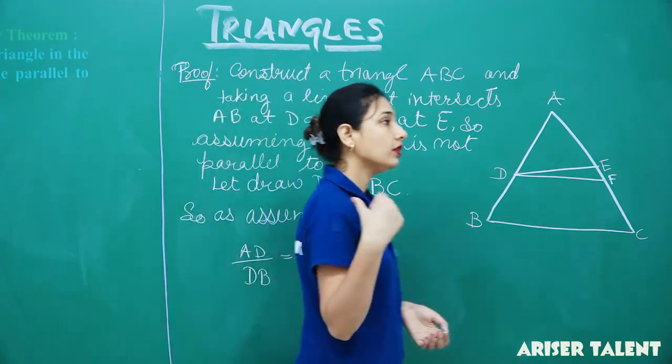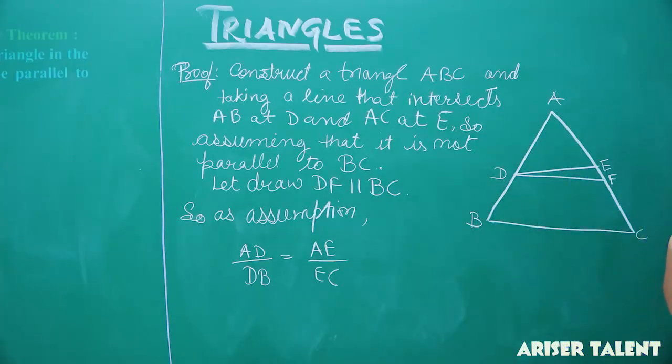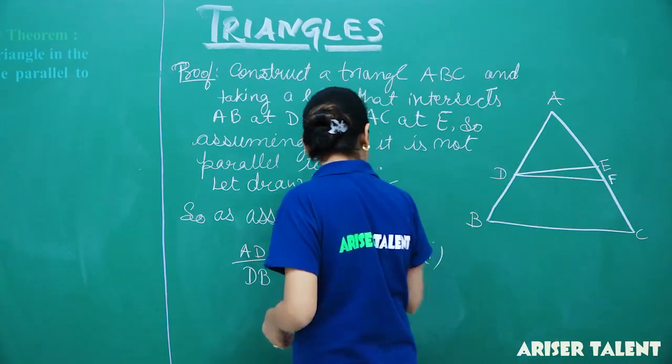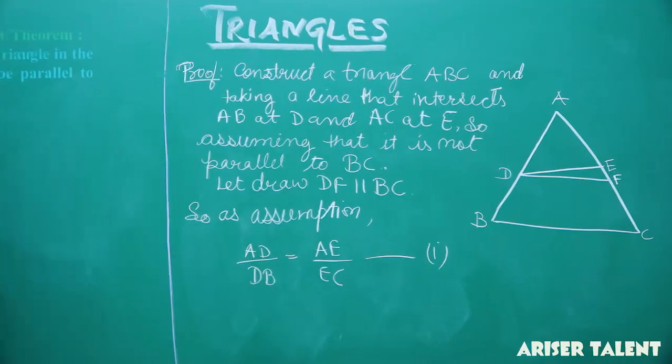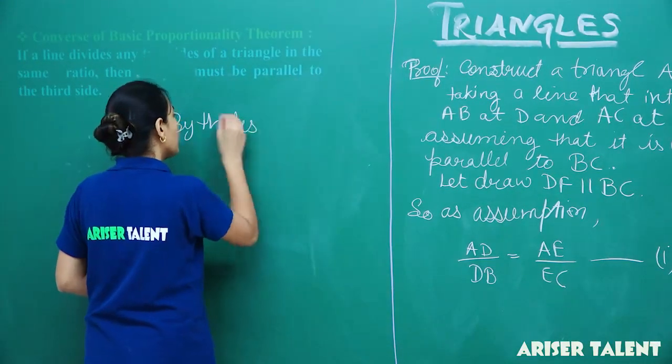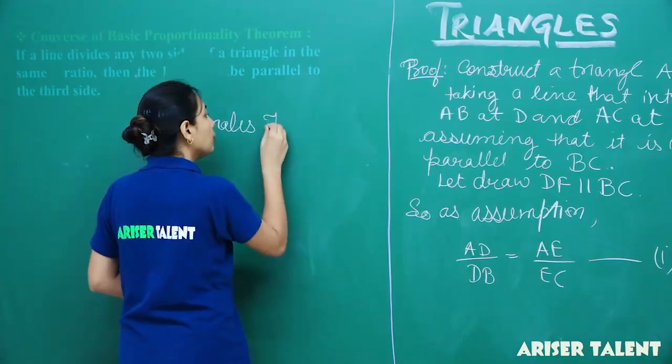We have assumed that this line, having these two lines, divides in proportionality. Okay, students, now this is our equation 1 by Thales theorem or Thales proportionality theorem.